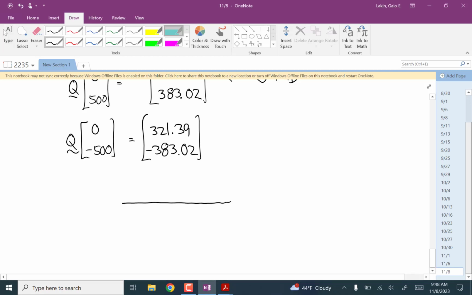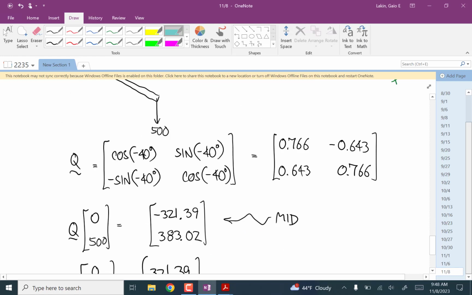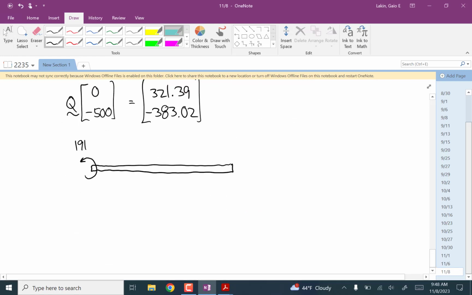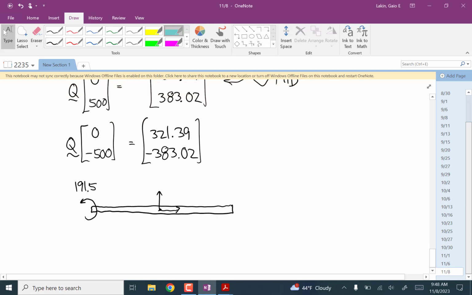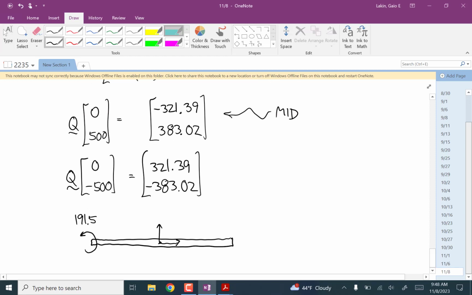And so now that we've reoriented the coordinate system, we can think of it as horizontal. And we have a couple of 191.5, a force in the middle of negative 321.39, 383.02, and then at the right end, positive 321.39, negative 383.02.